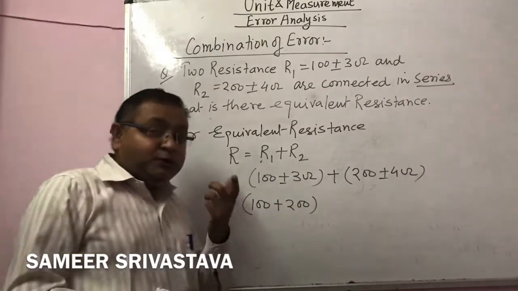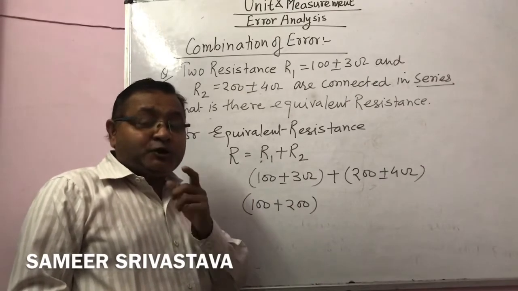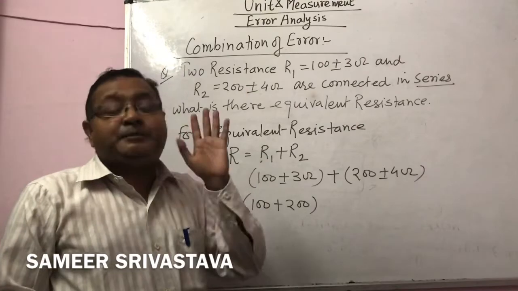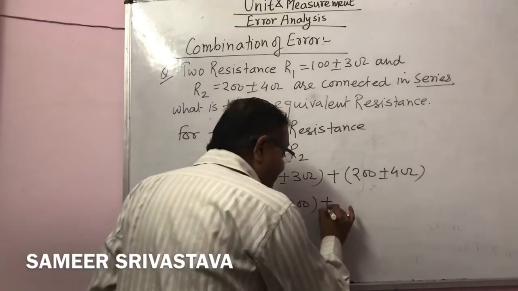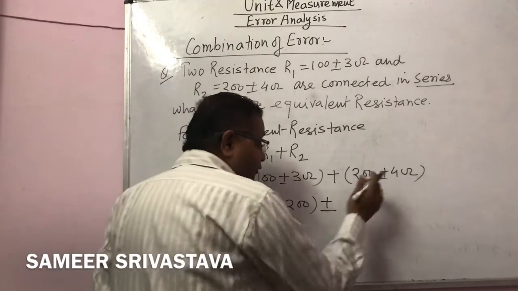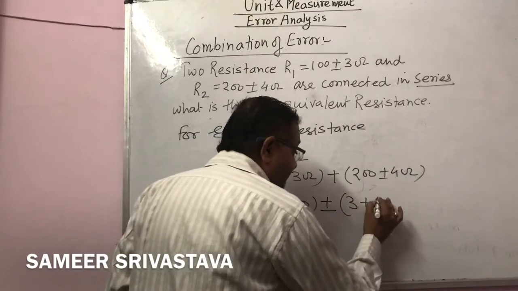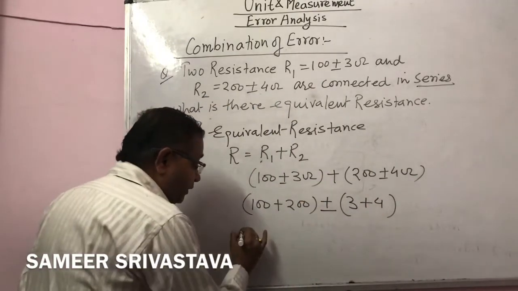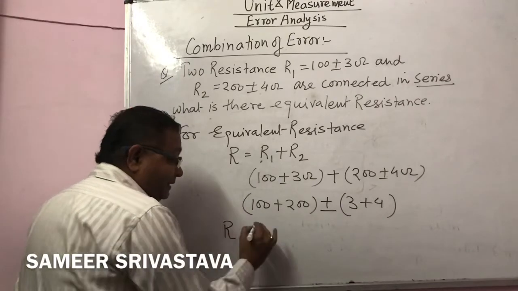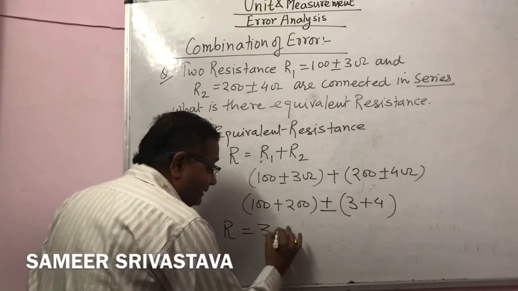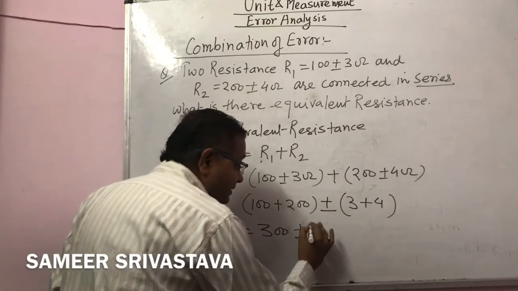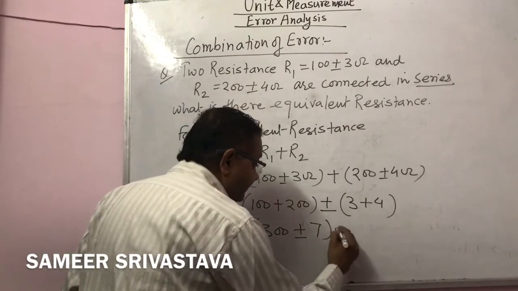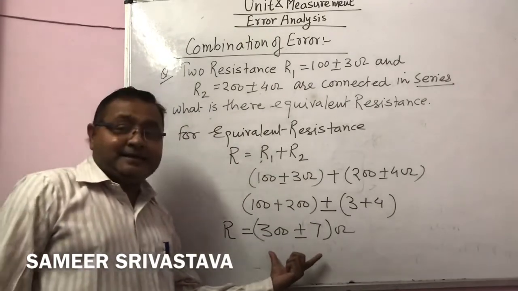Now as I told you, in the case of error, you always write their maximum possible value. The errors are 3 and 4, so you write 3 plus 4. Don't use the minus sign. So the total resistance is 300 plus minus 7 ohm. This is the answer for this question.